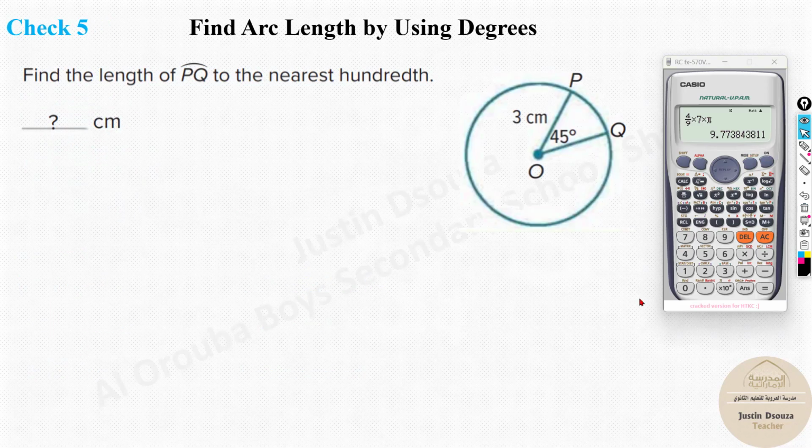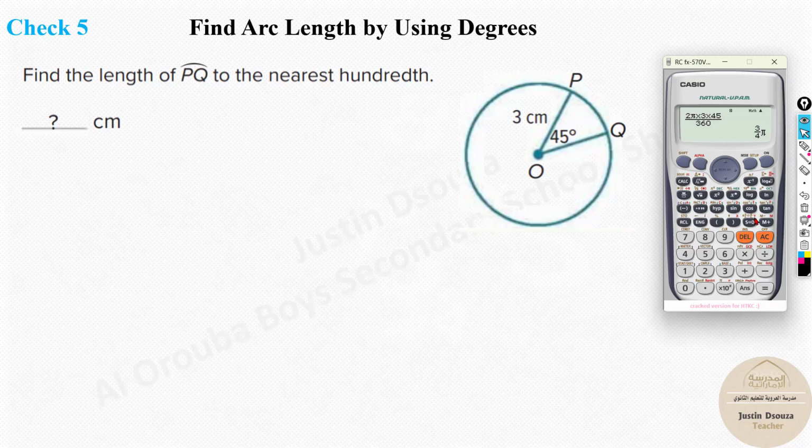So here is another problem for you to do by yourself, do check the answer in a while. Please pause the video, try it. Now we will solve this problem. Here you can use that r theta by converting this to radian and then solving it. Or we can use the main formula as well, the big one, that is 2 pi radius, r is 3, multiplied by x, the angle over here, 45, divided by not 180, it's 360 over here, the initial arc length formula.